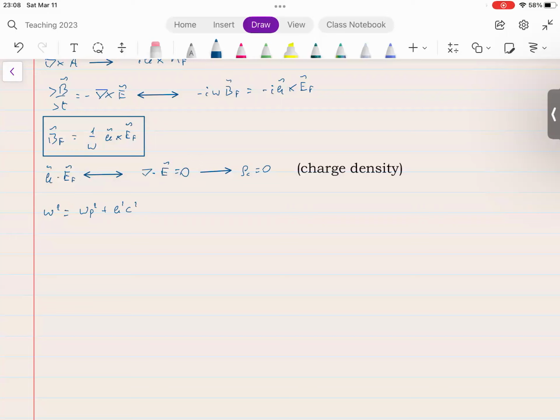And in general, we can solve as we've just done for omega as a function of k, or we can wonder what my k is going to be for a given value of omega, and therefore solve for k. Then k is going to be equal to plus or minus 1 over c square root of omega square minus omega plasma square.